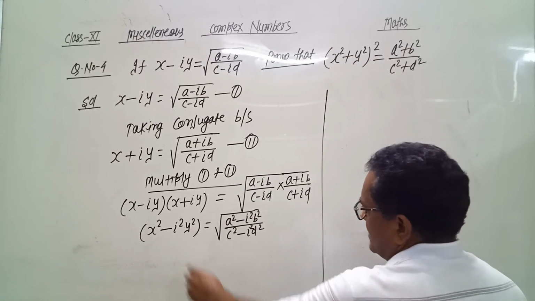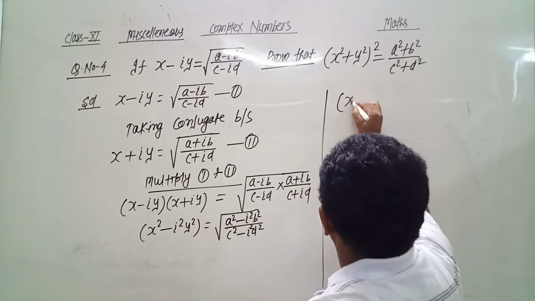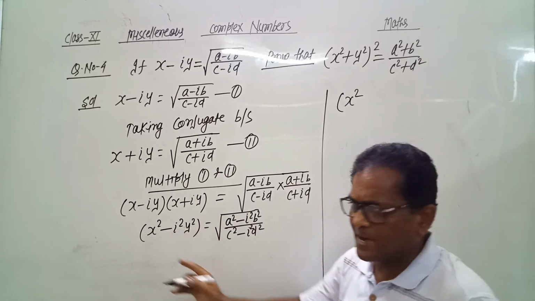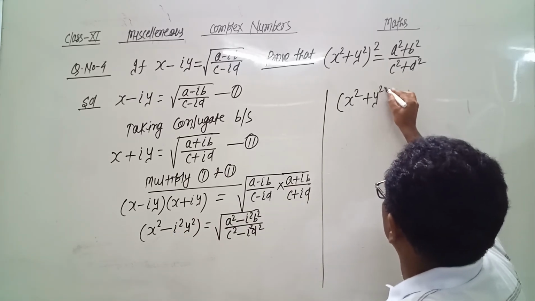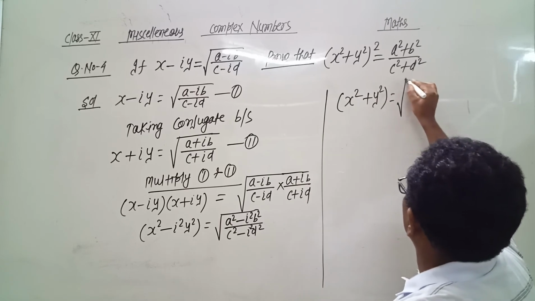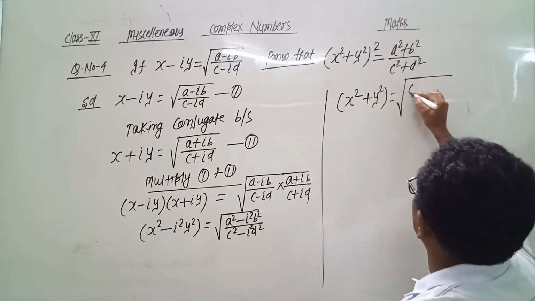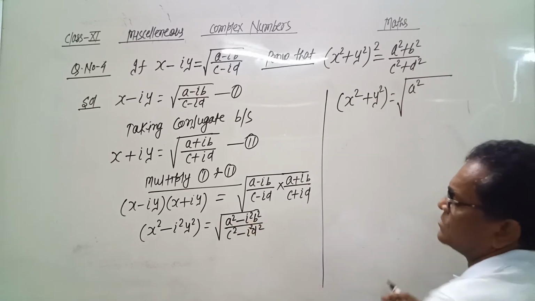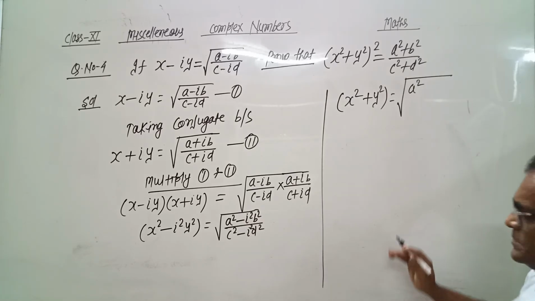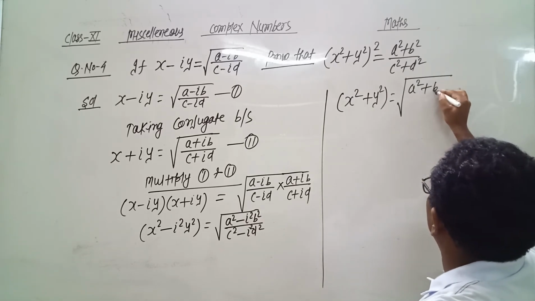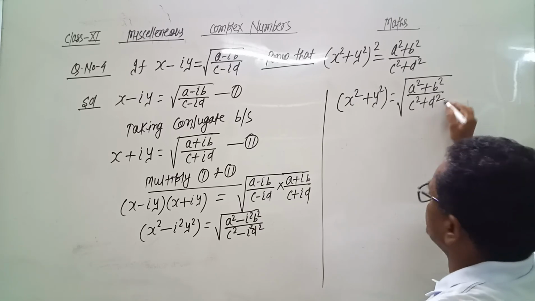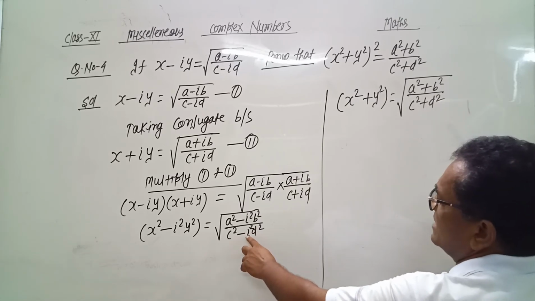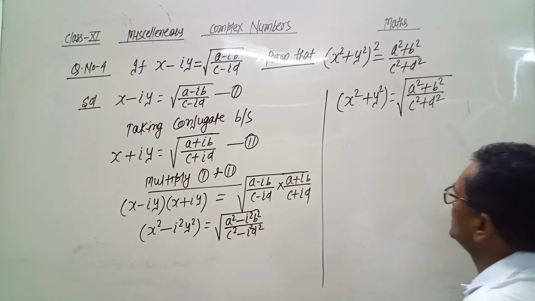Iota square becomes minus 1, so minus minus becomes plus. X square plus y square equals the square root of (a square plus b square) upon (c square plus d square).